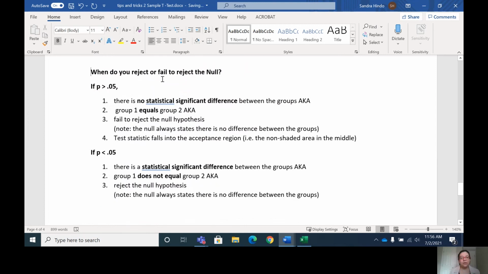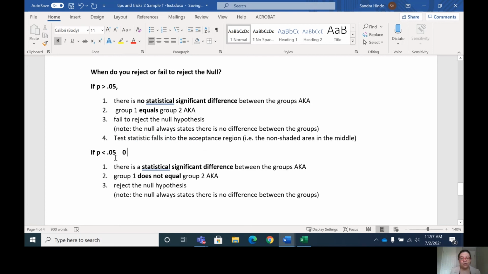This cheat sheet works for all of the statistical tests. And when you're in doubt, just pull this page up. When do you reject or fail to reject the null? What was our p-value? Do you guys remember? It was 0. So in this situation, our p-value of 0 is less than 0.05.